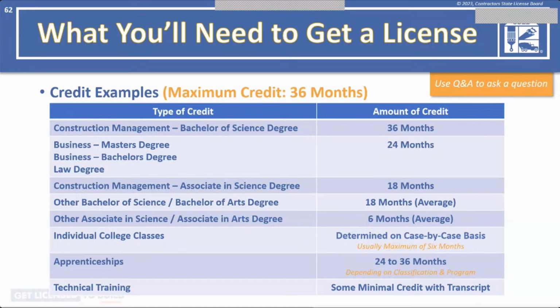Now, there are provisions that the original license number can be reissued to the new entity. In other words, if you had a sole owner license and you have now formed a corporation, you apply for a new license, but there are provisions that you can have that number reissued to the new business.